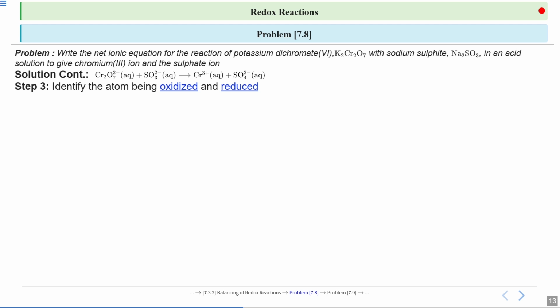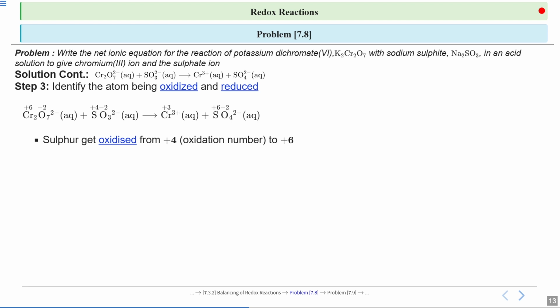This can be identified with the help of the change in oxidation number. If you look over the reaction, we can clearly see that the chromium has changed from +6 to +3. That means there is a decrease in the oxidation number, that means there is reduction. While the sulfur is going from +4 to +6. That means there is an increase in the oxidation number, that means there is oxidation.